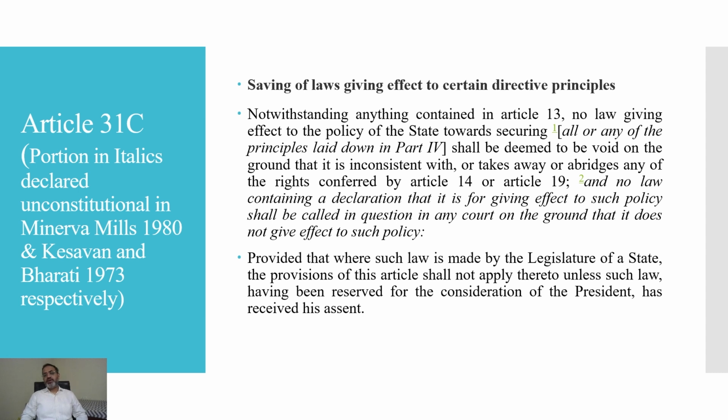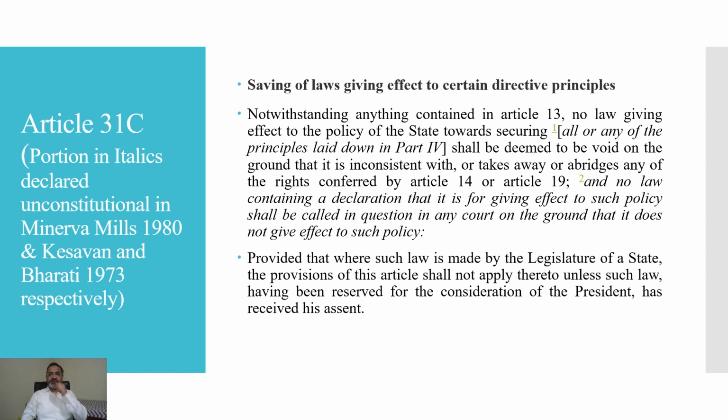What the 42nd Constitutional Amendment did was that it gave primacy to entire Part 4 over Article 14 and 19, whereas the 25th Constitutional Amendment version of Article 31C had only given primacy to two clauses of DPSP, that is 39B and 39C, over Article 14 and 19.